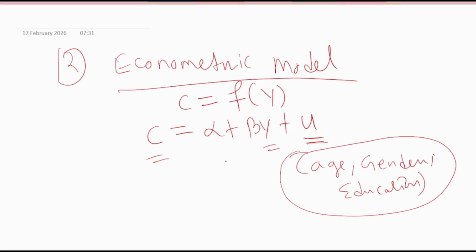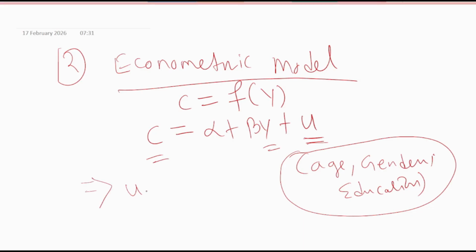So if the actual value is equal to the estimated value, that means we will say that there is no error, the consumption is only changing because of income. But if there is a difference between what we are estimating about the consumption when income changes and the actual value, we will say that is an error, and that error might be because of the other factors.